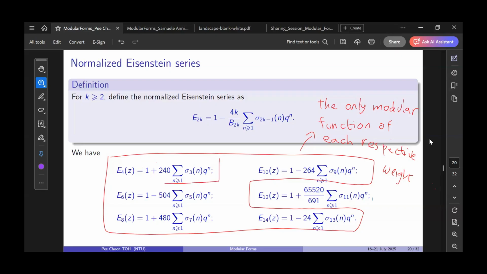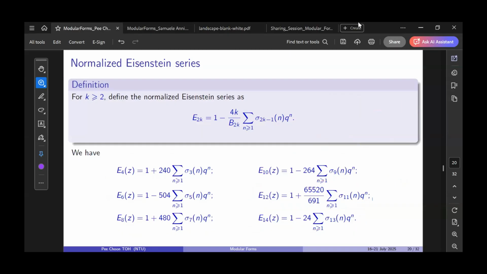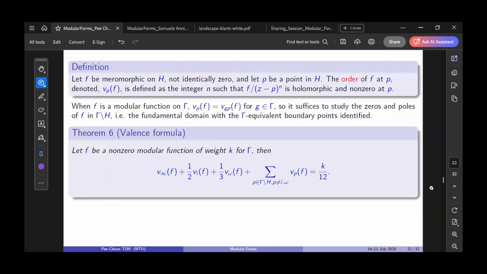This is quite powerful, right? We can guarantee that if a modular function has weight 4, it must be in the form of this times some constant. Why? Again, we will use the valence formula. So let's try to prove it. First, the valence formula.